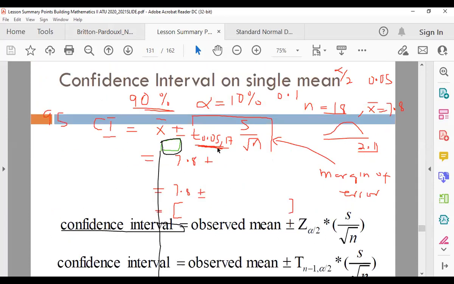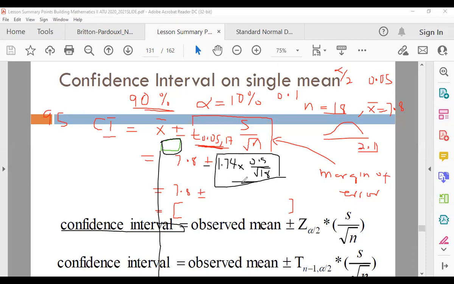That will be 1.74 times the standard deviation, which we know is 0.5, over the square root of 18. That will be the margin of error. You understand? And this is always plus or minus, so we calculate this, then add it and subtract it to give us the confidence interval.